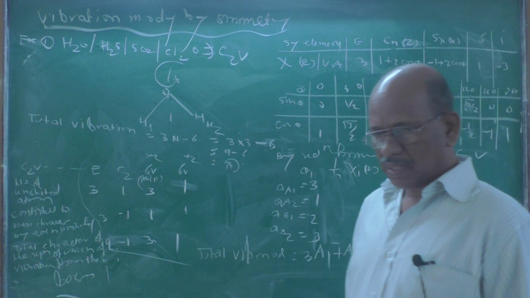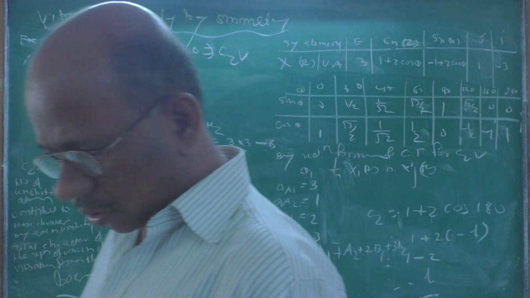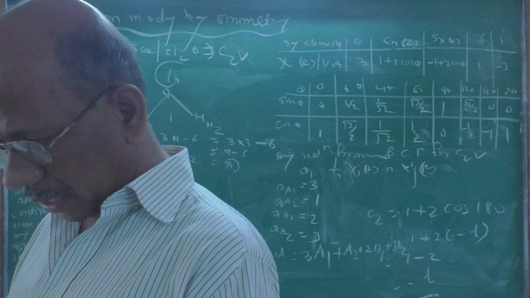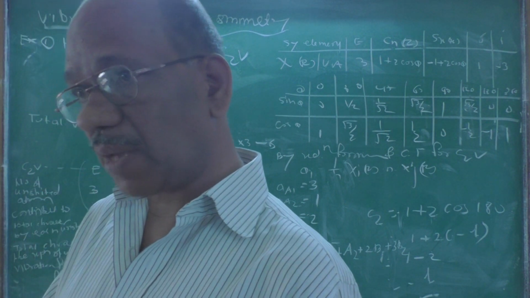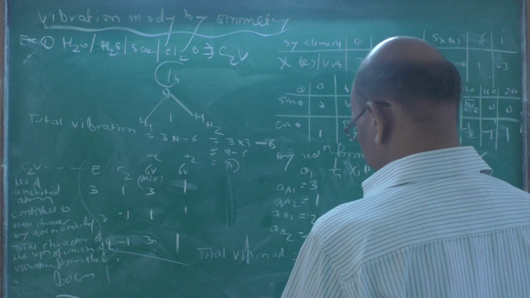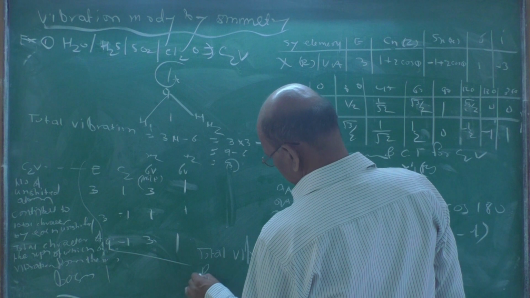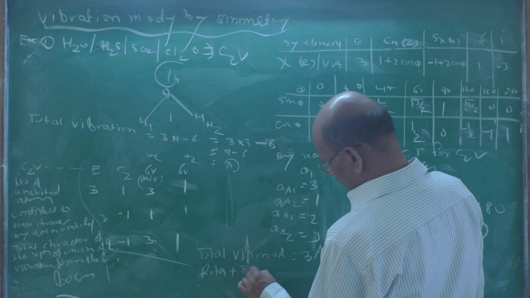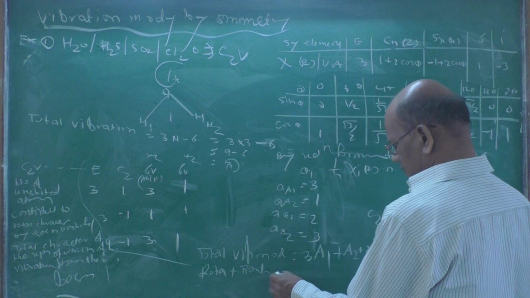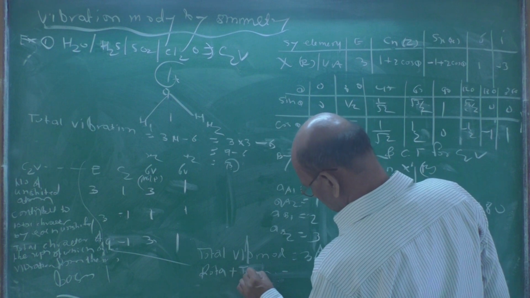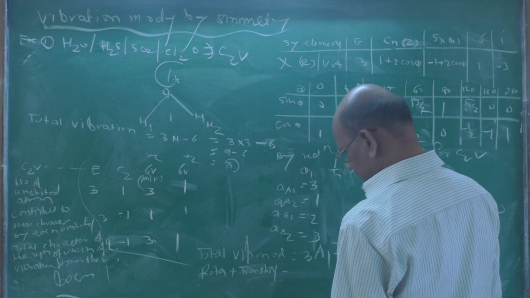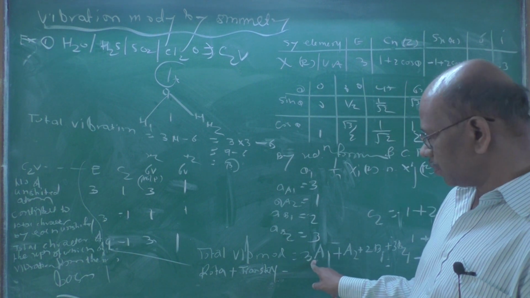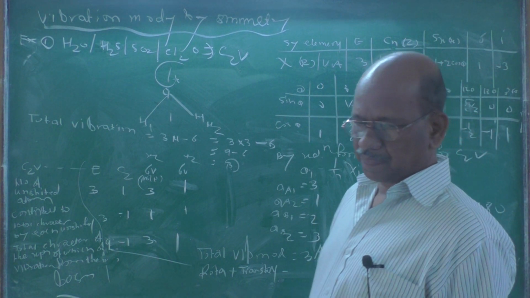Okay, up to this. The next step is that from the total we have to subtract the rotation plus translation. Why to subtract, and how many?